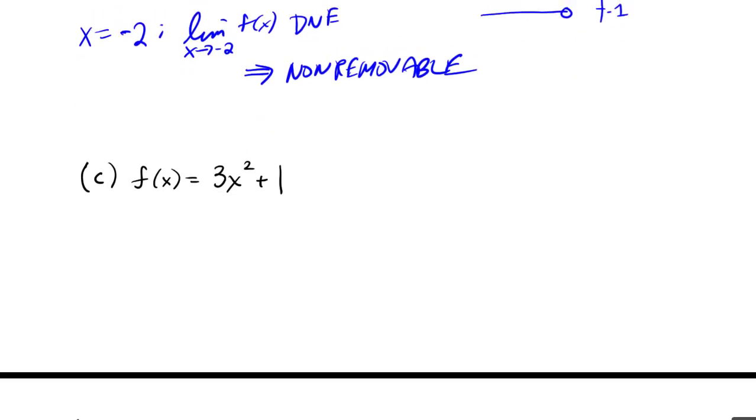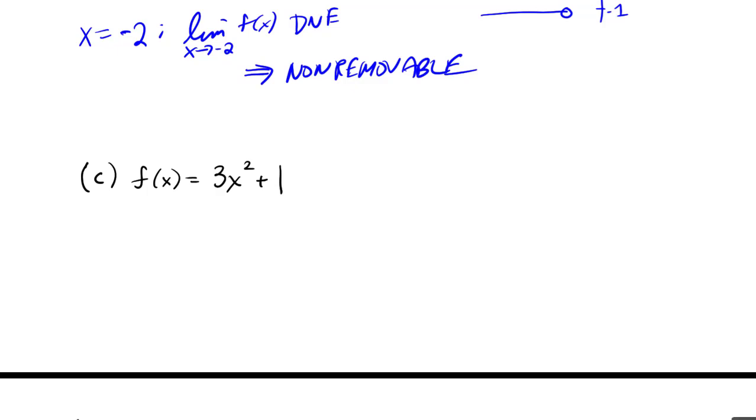All right, how about f of x equals 3x squared plus 1? Nice polynomial there. So what I'm trying to do is think about any place where the function wouldn't be defined. It's defined everywhere. Any place where the limit wouldn't exist? Well, the limit's going to exist everywhere because any limit value would be a calculation of plugging in, and it's always going to equal its function value.